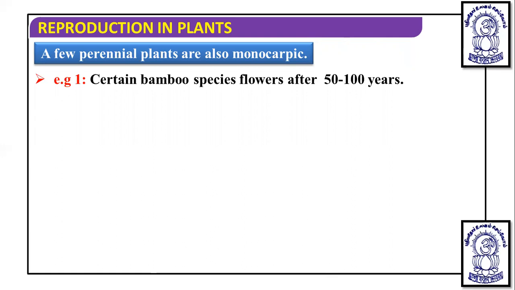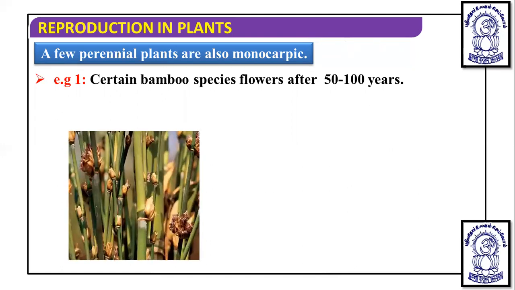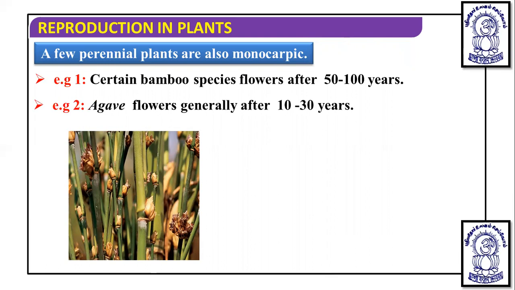So the vegetative period is of a long time. So this is the bamboo species. Another is agave, which flowers generally after 10 to 30 years. After 10 to 30 years, this agave also gets flowering. And after flowering, these all show the fruiting and they die.